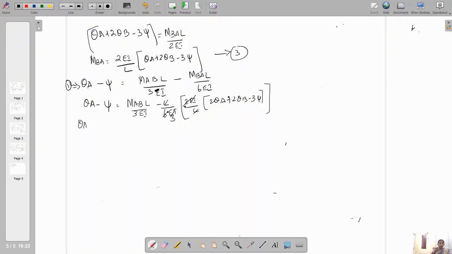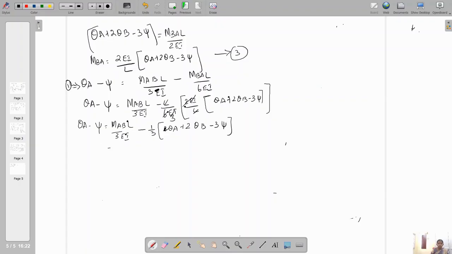Theta A minus psi equal to MAB L by 3EI minus 1 by 3, actually this is theta A only, not 2 theta A. Theta A plus 2 theta B minus 3 psi.